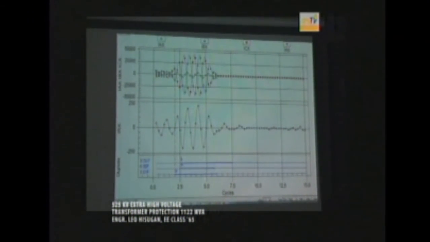From 2.5 to 5 is only 2.5 cycles. But your relay operated properly, picked up the 50 instantaneous device and tripped the breaker. So I can see B phase and C phase here. So the fault is a line-to-line fault, B and C phase.